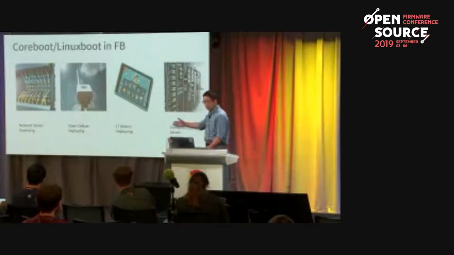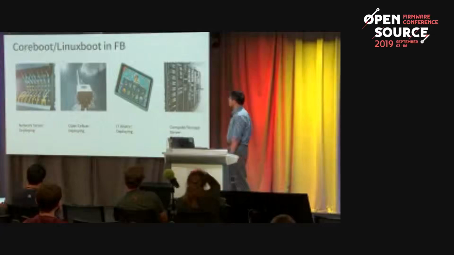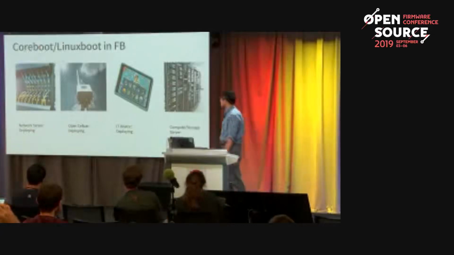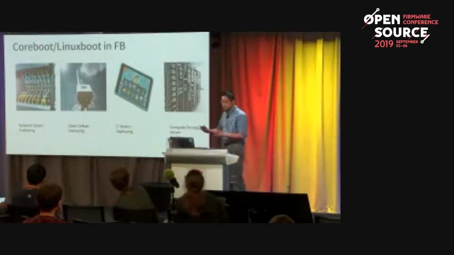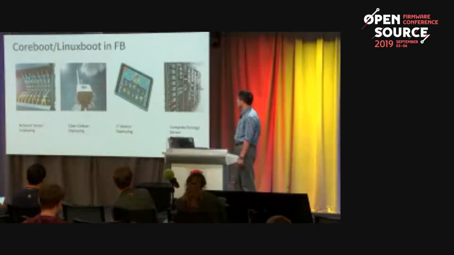It comes with new firmware, which runs coreboot and linuxboot. Open cellular also runs on it. In OCP, there's an open cellular project. We build those open cellular devices worldwide so that billions of people can connect with each other. What's running in the open cellular devices? Coreboot, linuxboot. So they're deploying.